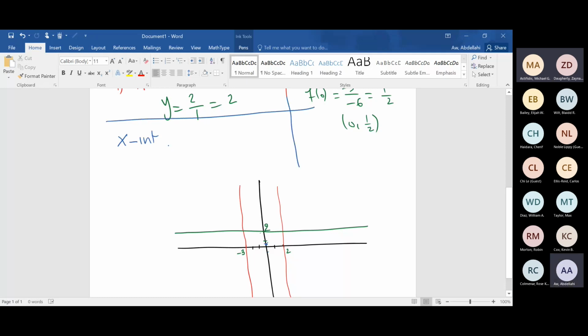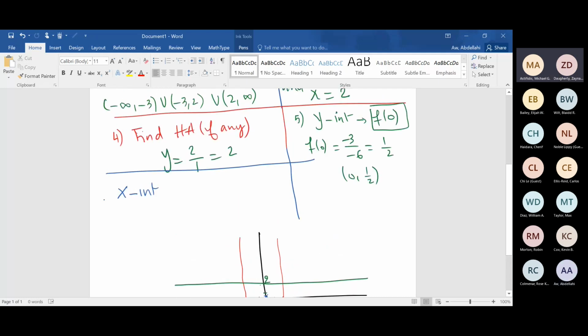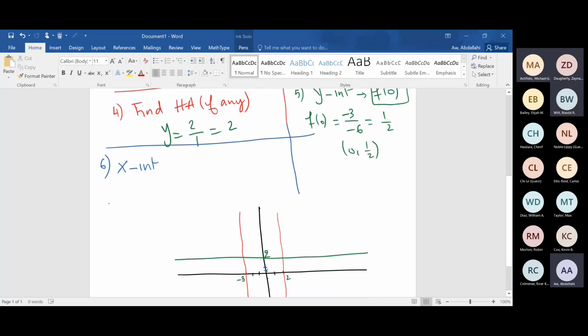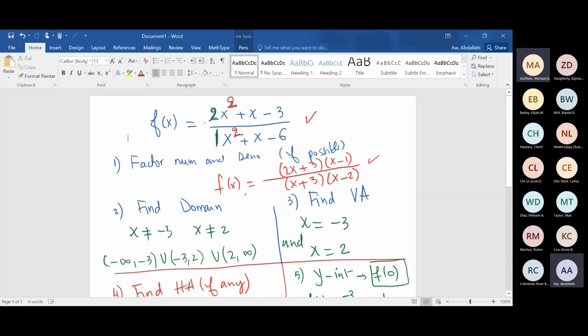For the x-intercept, which variable is set to 0? That's going to be number 6. Which variable is set to 0 for the x-intercept? Sorry, y. And what represents y in my expression? What side represents y? f of x. f of x, that is y, right?